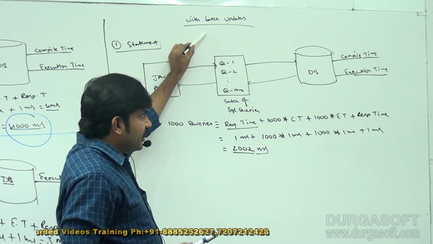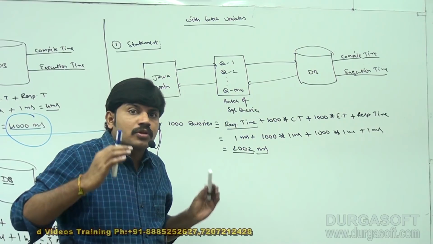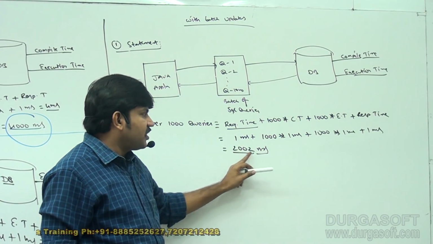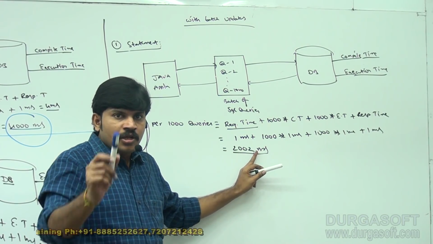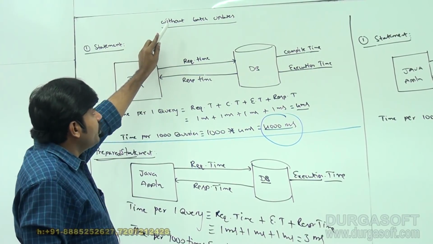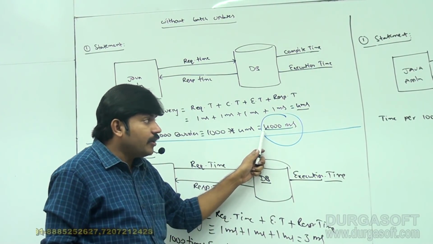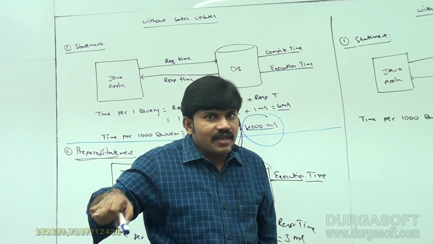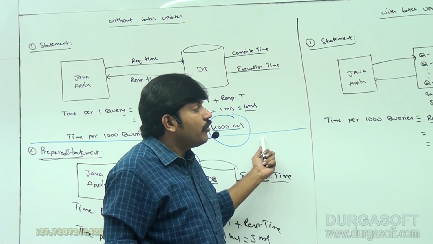With the batch updates, if you want to execute 1000 queries by using the simple statement, 2002 milliseconds are required. But the same statement without batch update, how much time is required? 4000 milliseconds is required.